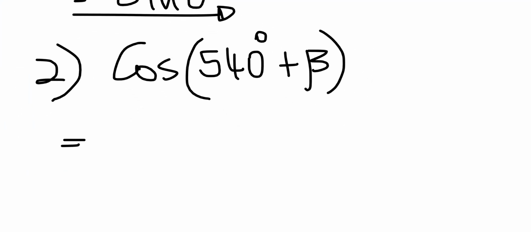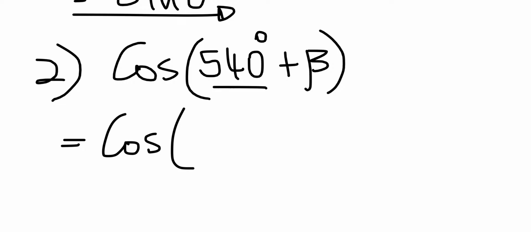So let's see, for us to rewrite it in that format, we will still remain with our cos, but we might need to rewrite the angle differently. How can we rewrite it?